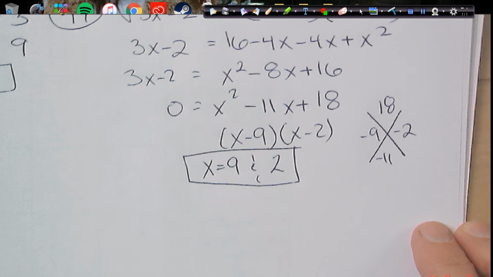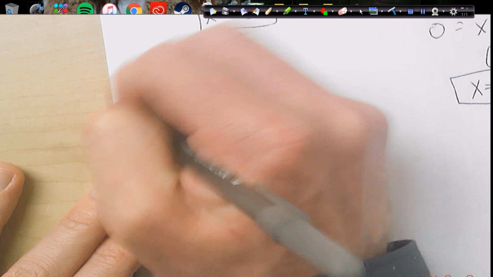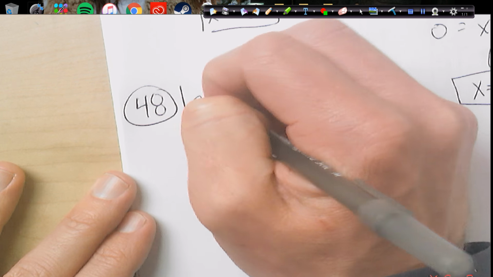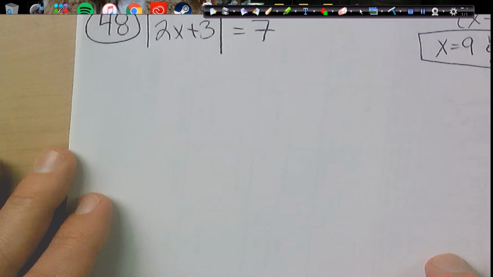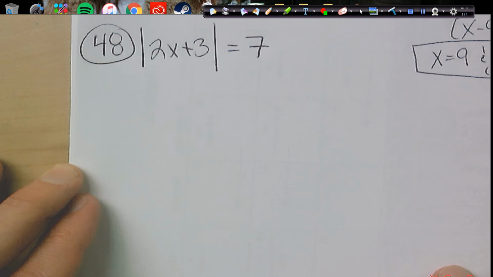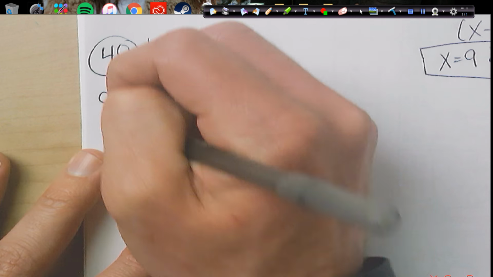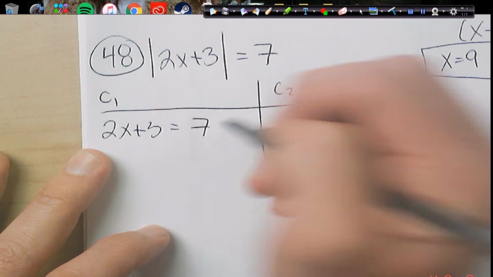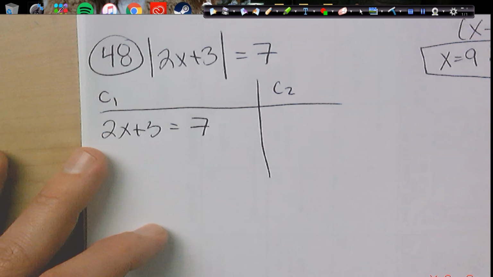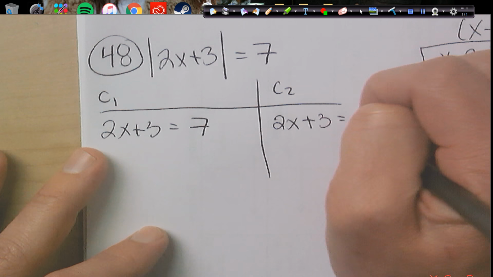Alright, moving to 48. We haven't seen a problem like this in a long time. These are absolute value equations. What we do here is we set up two cases, if you guys recall, case 1, case 2. Case 1 is 2x plus 3 equals 7, so you just write exactly what you see. And case 2, you do the same thing except instead of a positive 7, a negative 7.